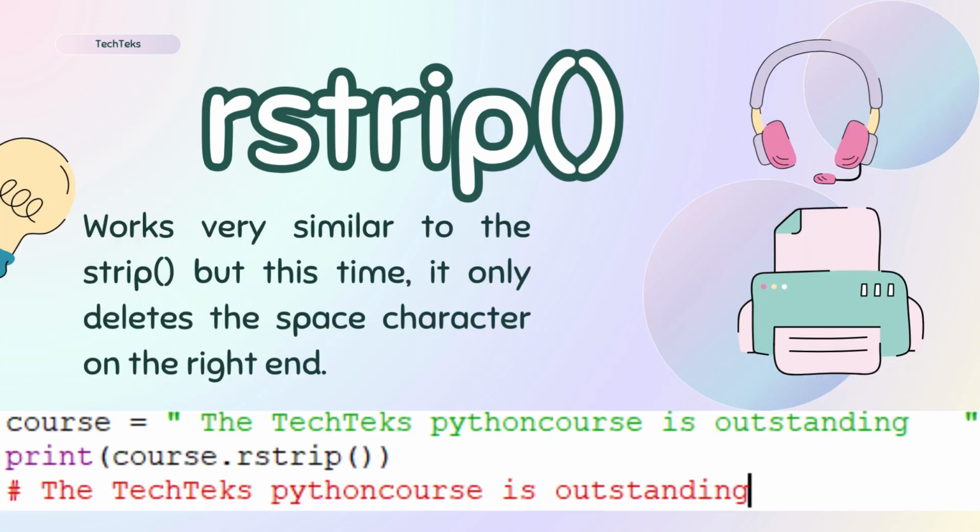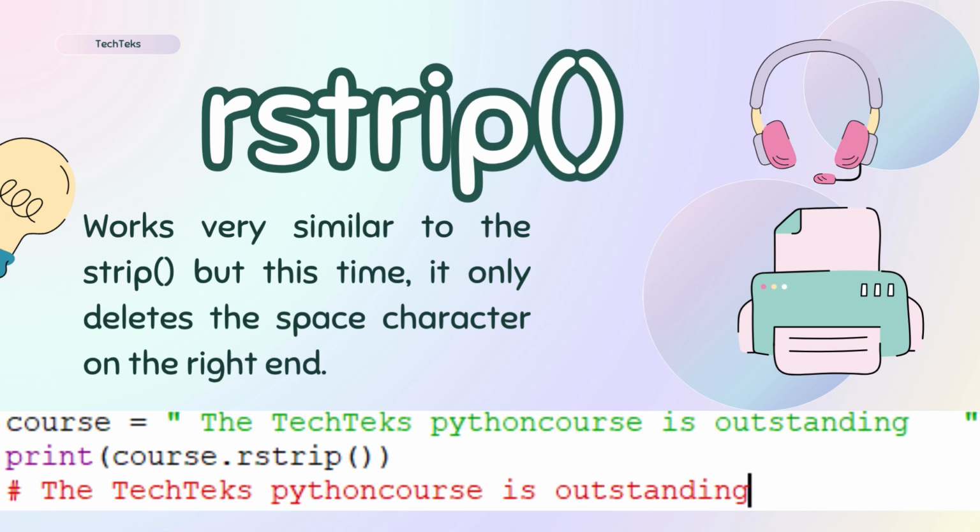Next up, we have the rstrip. Now this works very similar to strip, but this time it only deletes the space characters on the right end. So it only deletes the last white spaces. It doesn't tamper with the first white spaces. For example here, after the Techteks Python course is outstanding, we have spaces.